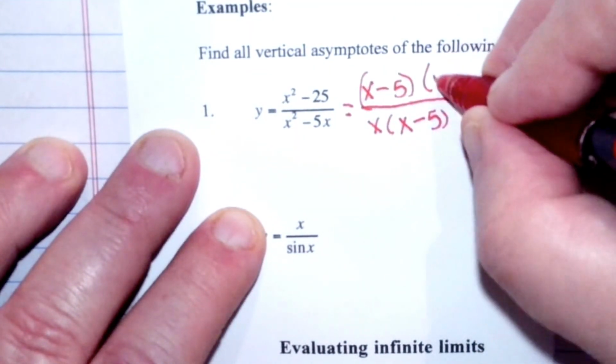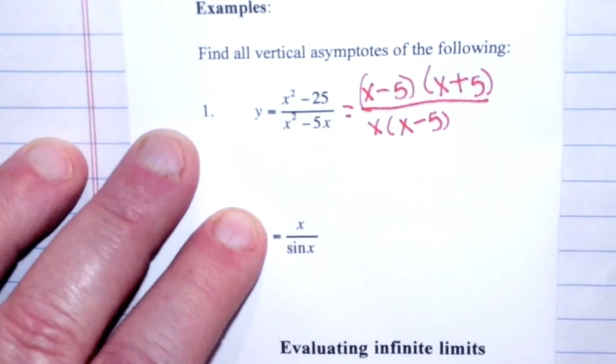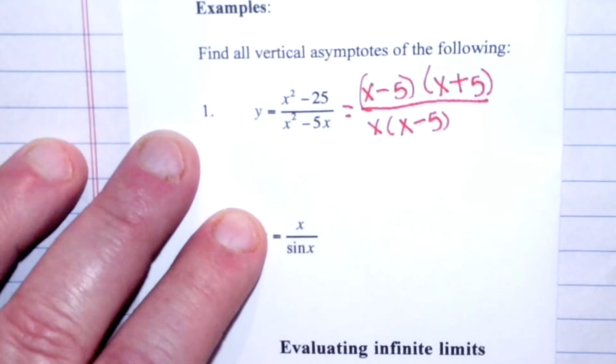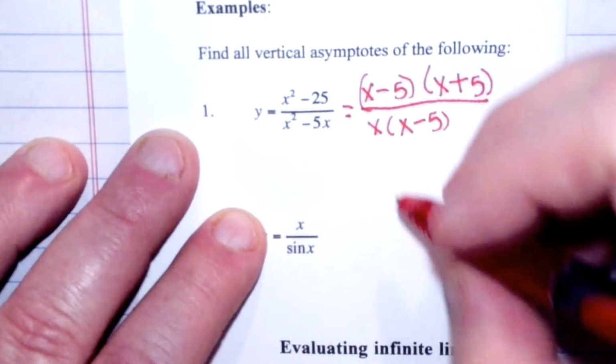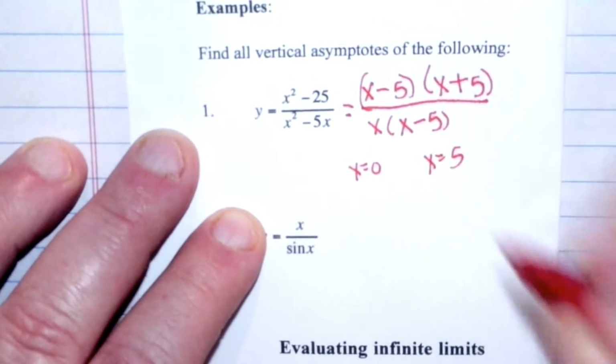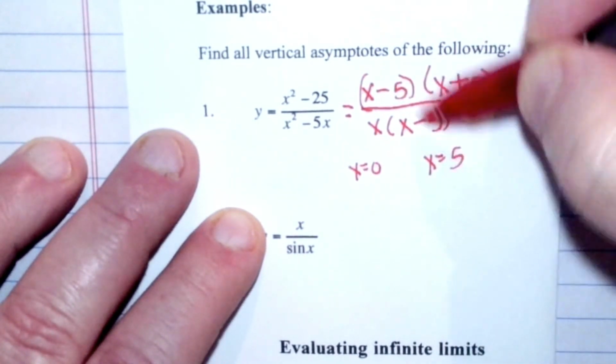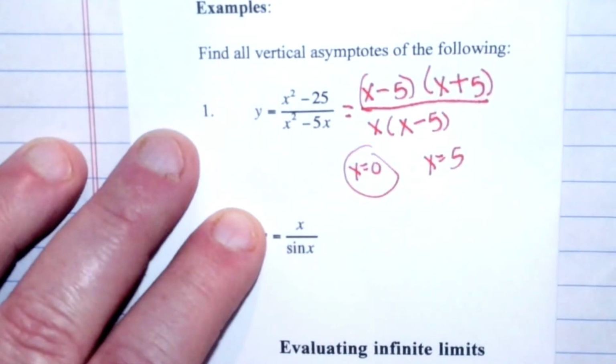In the numerator, you've got a difference of two squares, so that will factor into x minus 5 times x plus 5, and the denominator factors into x and x minus 5. So there are discontinuities at x equals 0 and x equals 5. The vertical asymptotes are going to be the non-removable discontinuities. Well, the 5 is going to be removable, so x equals 0 is the vertical asymptote.